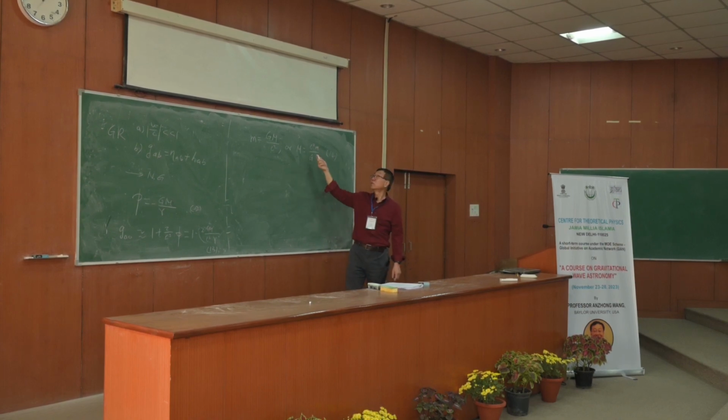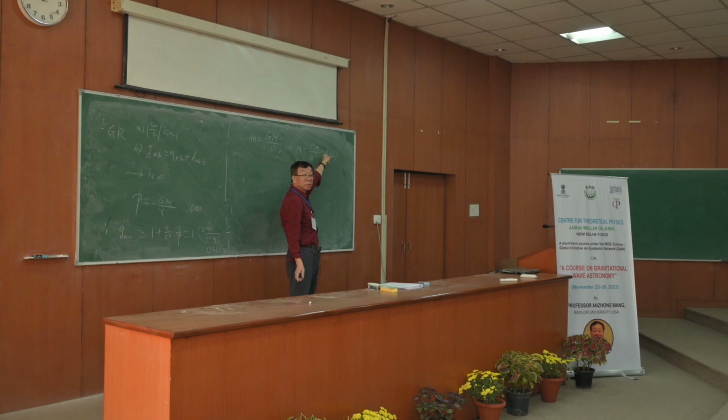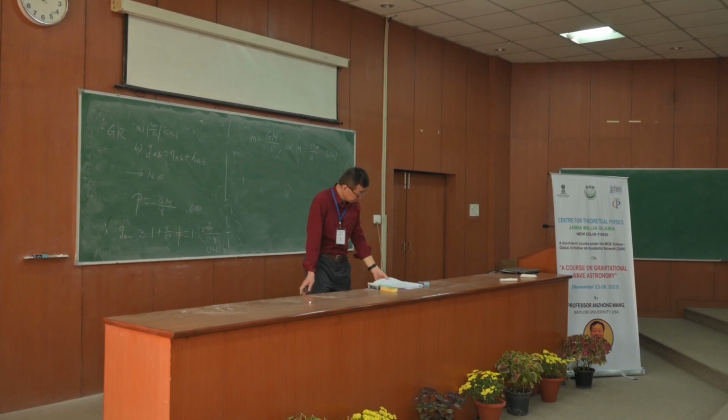If I choose c equal 1 and G equal 1, this small m equals capital M. That's why we normally use minus 2m in the metric.